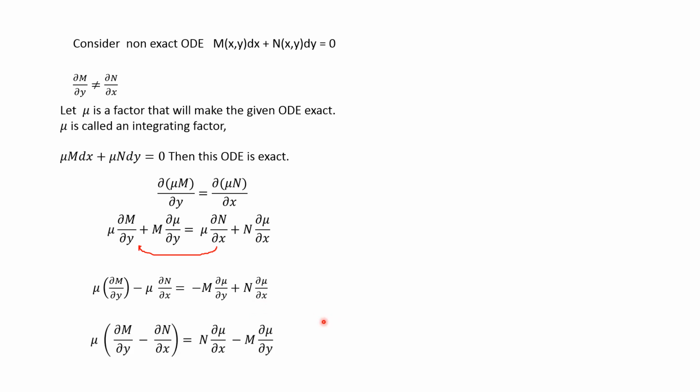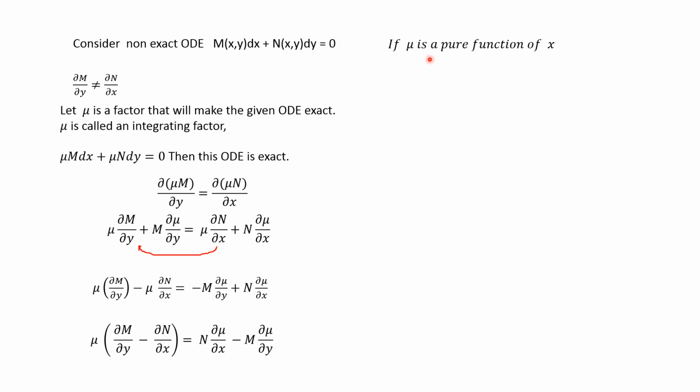Now, let's factor mu. It becomes mu times (the partial derivative of M with respect to y minus the partial derivative of N with respect to x) equals N times the partial derivative of mu with respect to x minus M times the partial derivative of mu with respect to y. Now, let mu be a pure function of x.